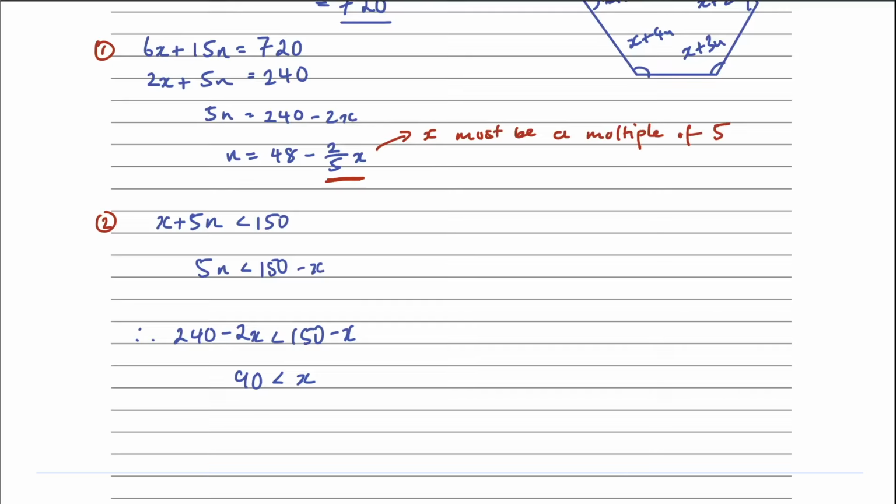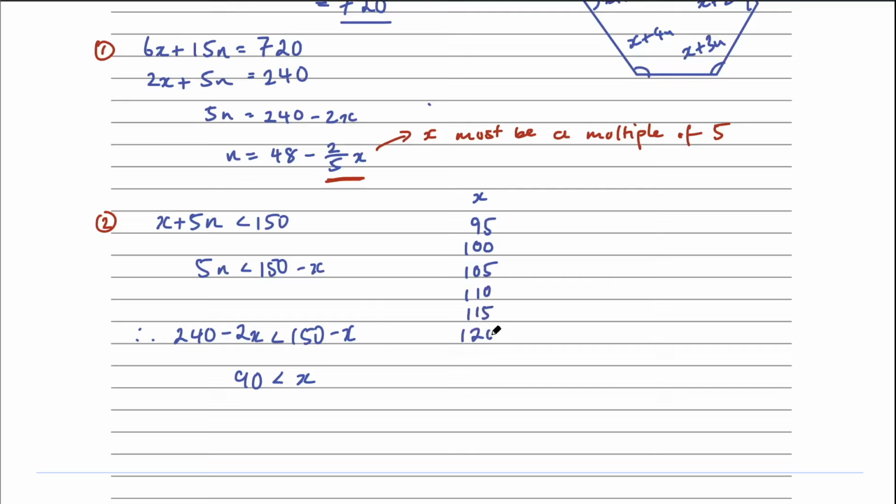So we can combine that information to say it needs to be greater than 90 and it needs to be a multiple of 5. This is not greater than or equal to, keep that in mind; this is greater than. So we need to start at a multiple of 5 greater than 90. The first thing we can start with is 95. So these are possible values for x. Next multiple of 5, 100, then 105, 110, 115.